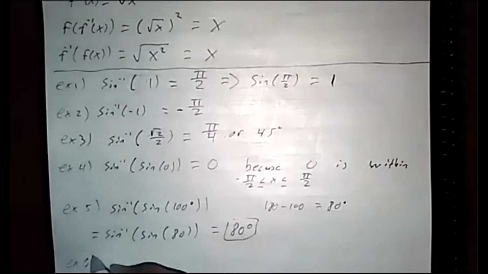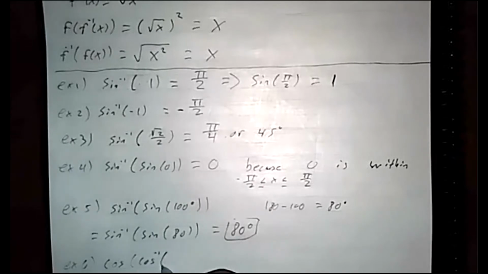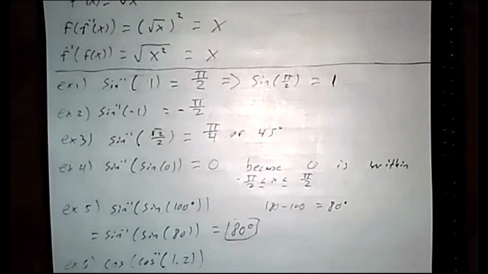Now, if it's done the other way, there's not much you can do. Let's say cosine of cosine inverse of 1.2. This is too big.